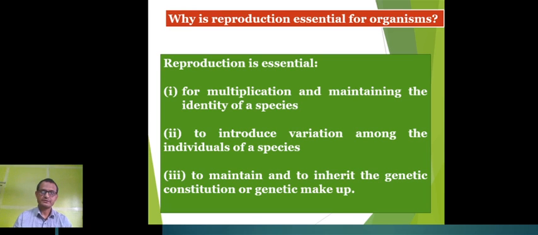Now see, reproduction is essential for all organisms. Why? Because reproduction is essential for the multiplication and maintaining the identity of a species. If a species has to live in this world, it needs to multiply and maintain its identity.